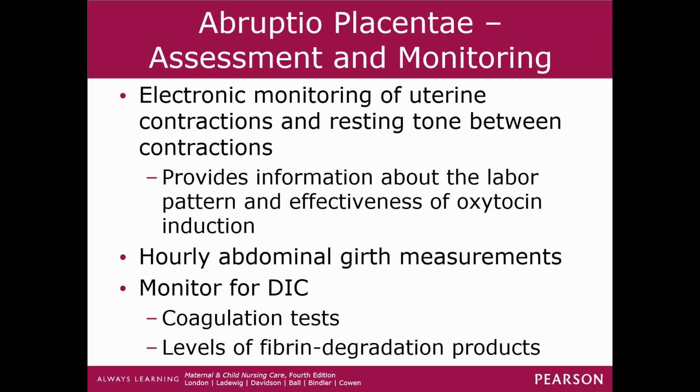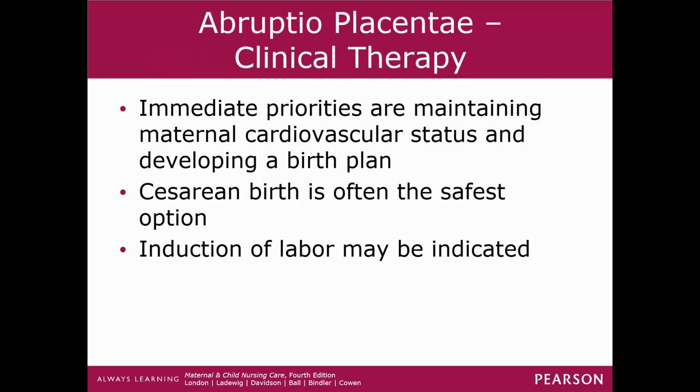So they're on continuous fetal monitoring. We're going to monitor coag studies, just like any patient, pregnant or not, that's having hemorrhage issues. So we may need to get them delivered right away if the bleeding does not stop.